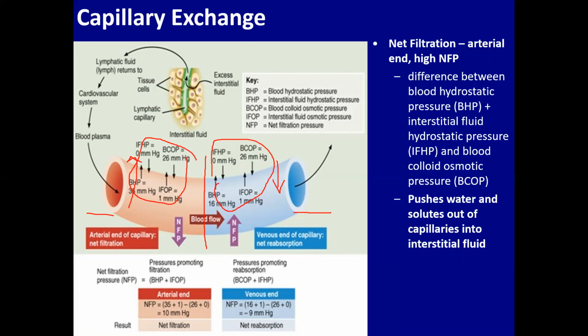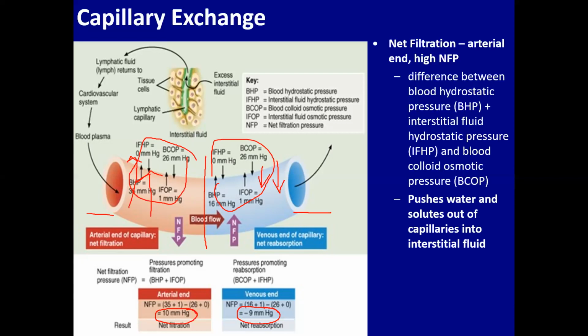We can do that because the net filtration pressure on the arterial end is 10 millimeters of mercury, right? So we push things out. The net filtration pressure on the venous end is -9, right? So we can pull things in. That's the big take home here.